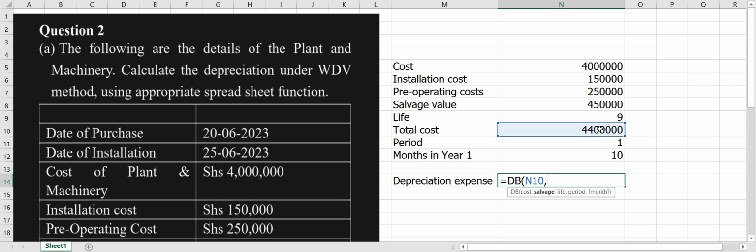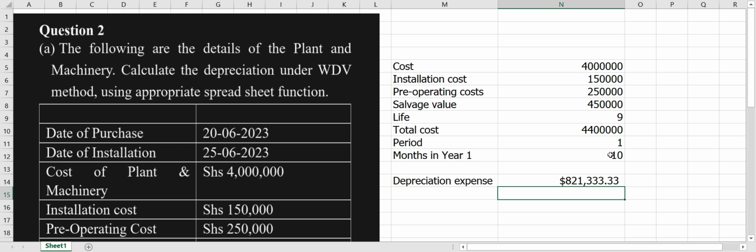Then comma the salvage is 450. The life is 9 years. The period, that's period 1. And then the months are 10. Close, enter. So that gives us that depreciation. It's in dollars, so you can change the currency and you put Ugandan shillings.